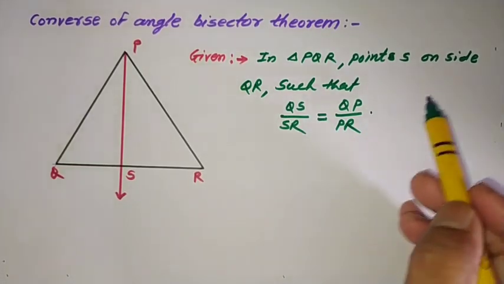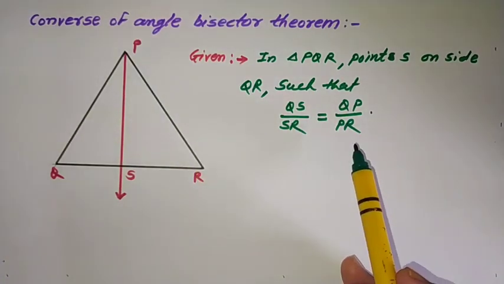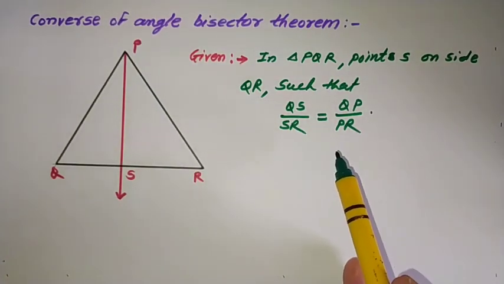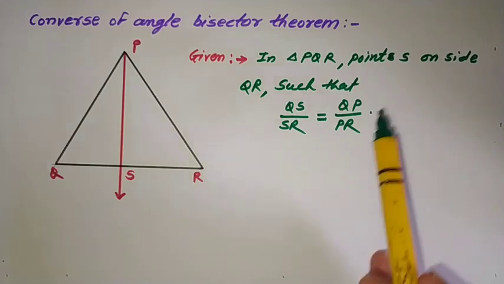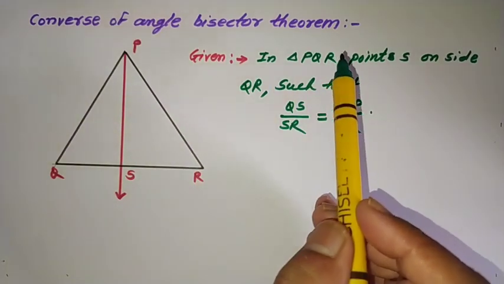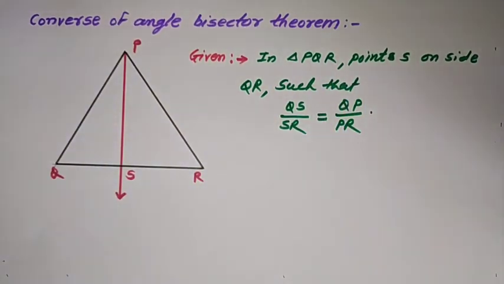This is the given. In the angle bisector theorem this part is to be proved, and here in the converse it is given.